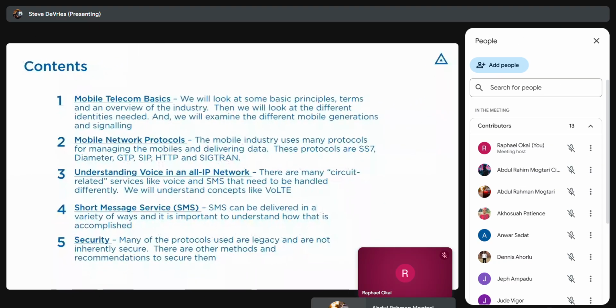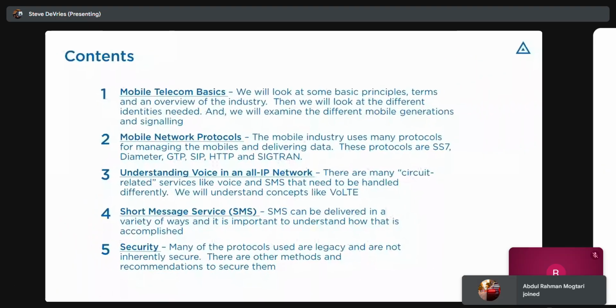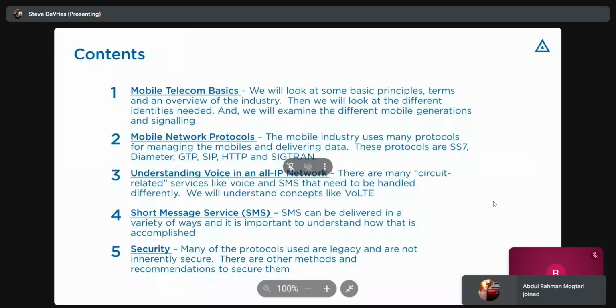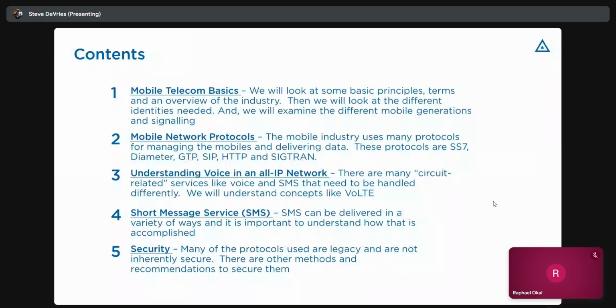And then we need to also talk about security. Many different aspects of security: the air interface, the interconnection, and the core network itself. We're going to look at how these protocols, these SS7 and so on, were never designed to be secure.